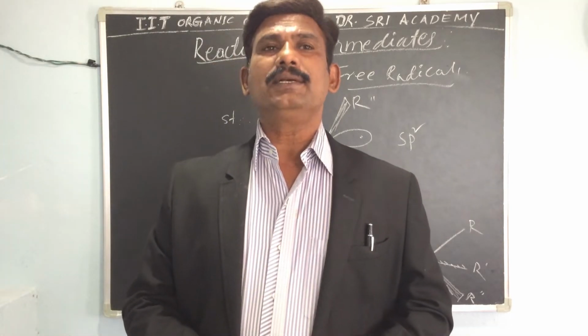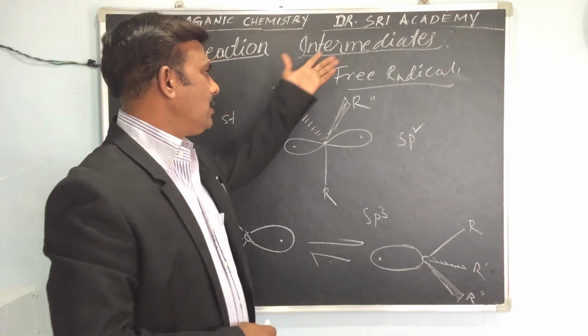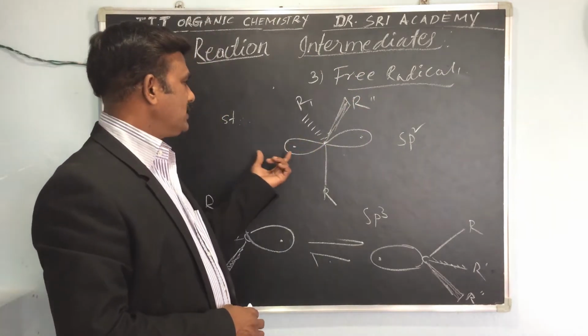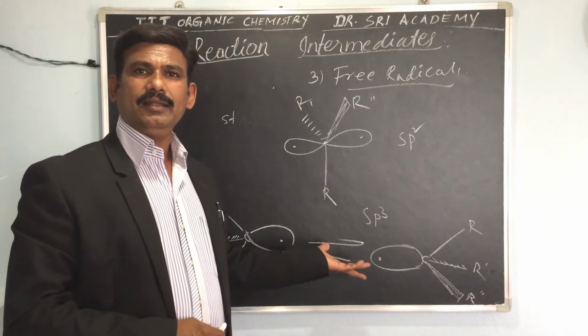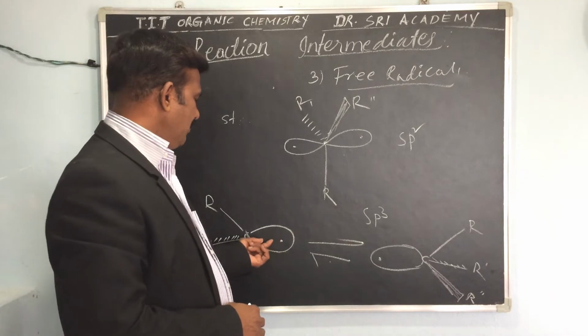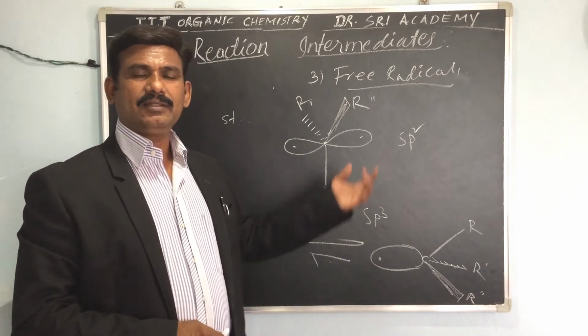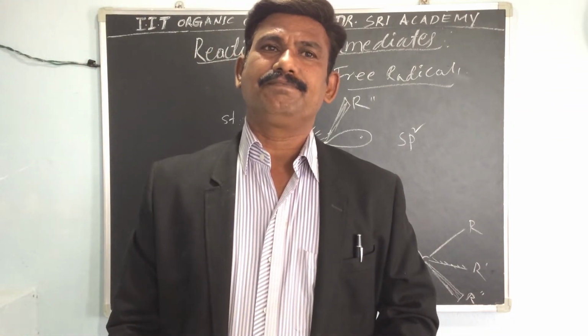So just two types of free radical structures are there: one is planar, the second is neither planar nor tetrahedral. One is sp3 hybridized, another one is sp2 hybridized free radicals.